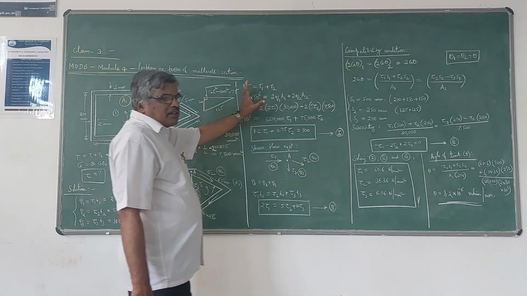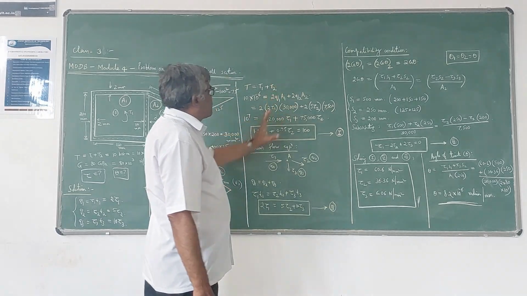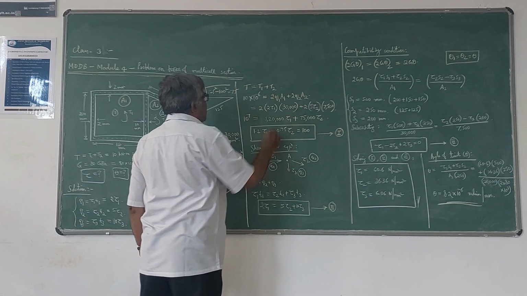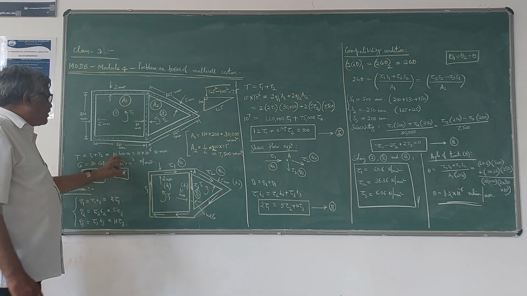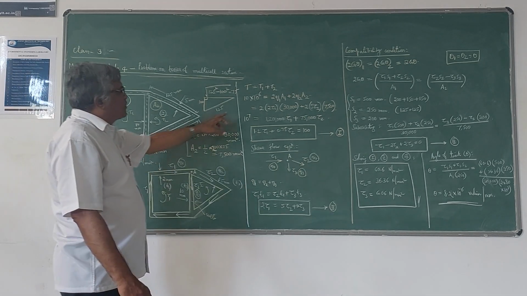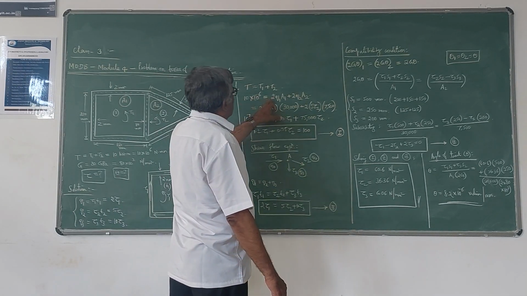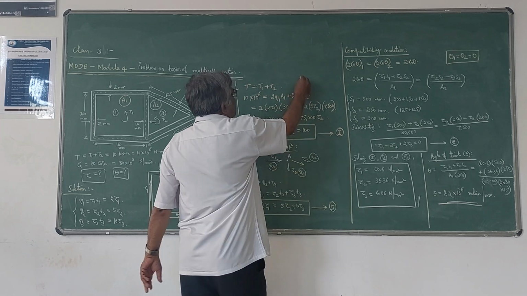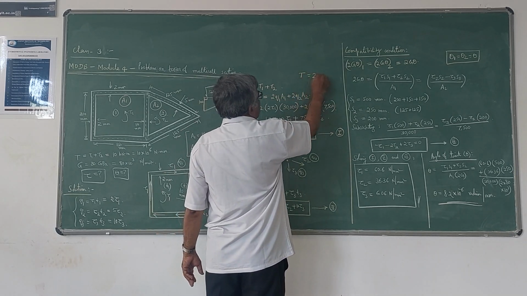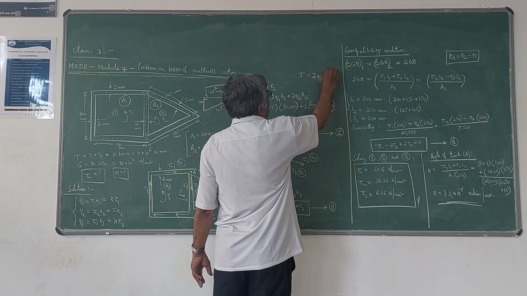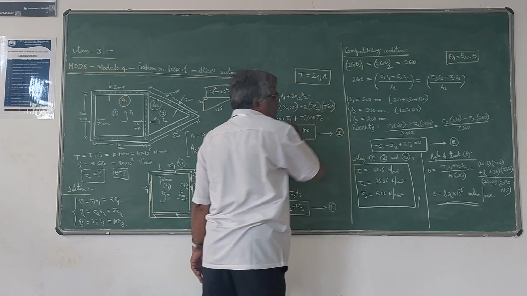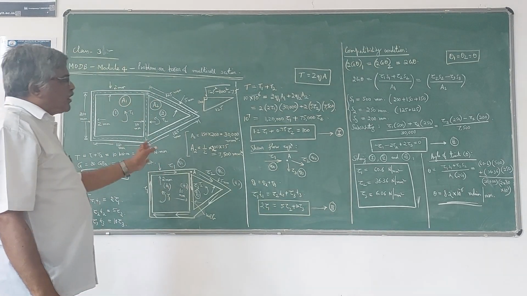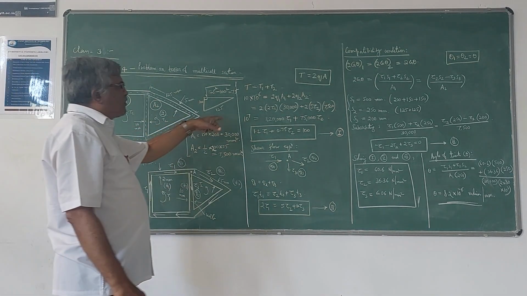Now by taking the equation T is equal to T1 plus T2, the total torque is given as 10 kilonewton meter, that is 10 into 10 power 6 newton mm. This should be equal to 2 q1 A1 plus 2 q2 A2. So we know this relation, T is equal to 2qA. It is applied for both the cells separately and we have to add.